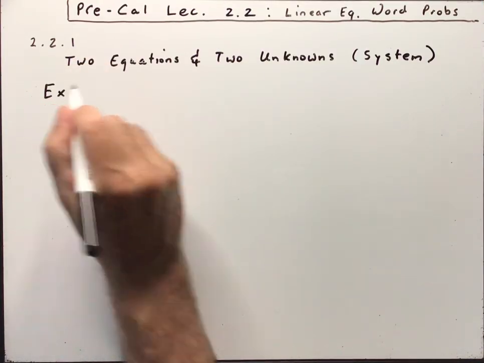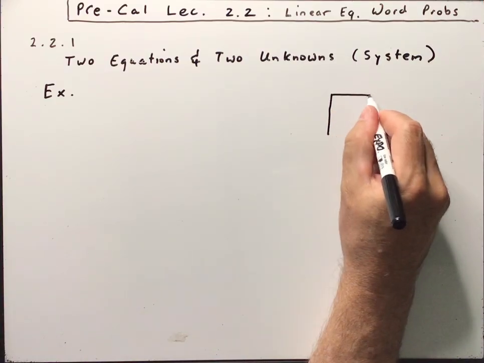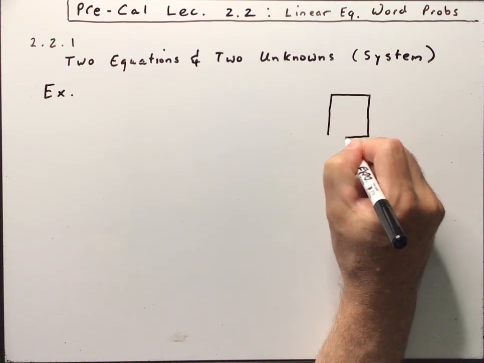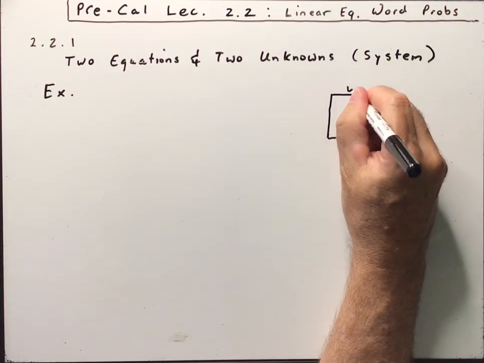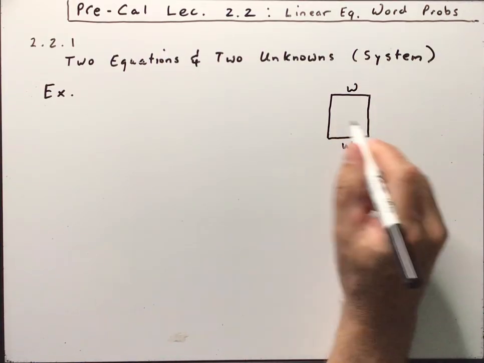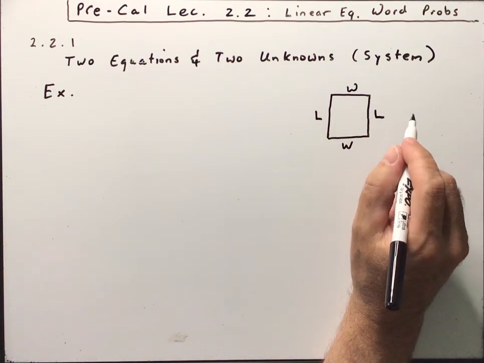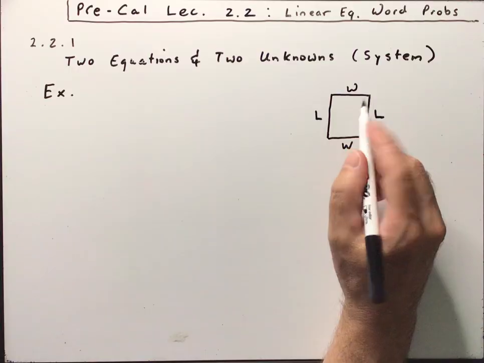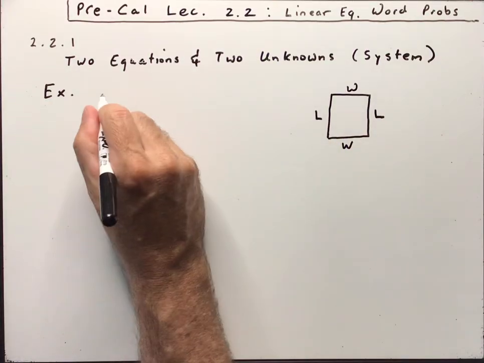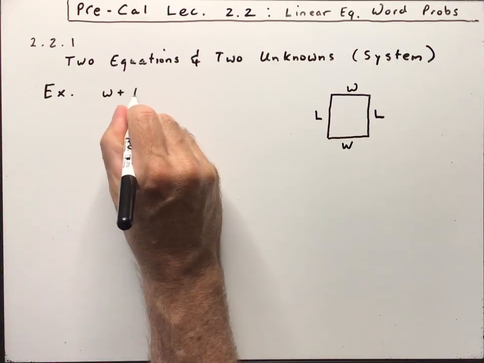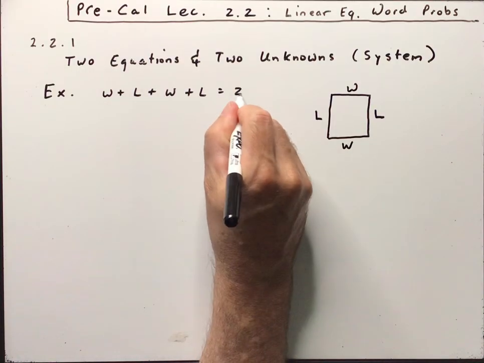So we'll go ahead and draw a rectangle, a rectangular sheet of paper. I'll call the top W and each side L for length and width. And we know that it has a perimeter of 26 centimeters. So that's going to be W plus L plus W plus L is equal to 26.